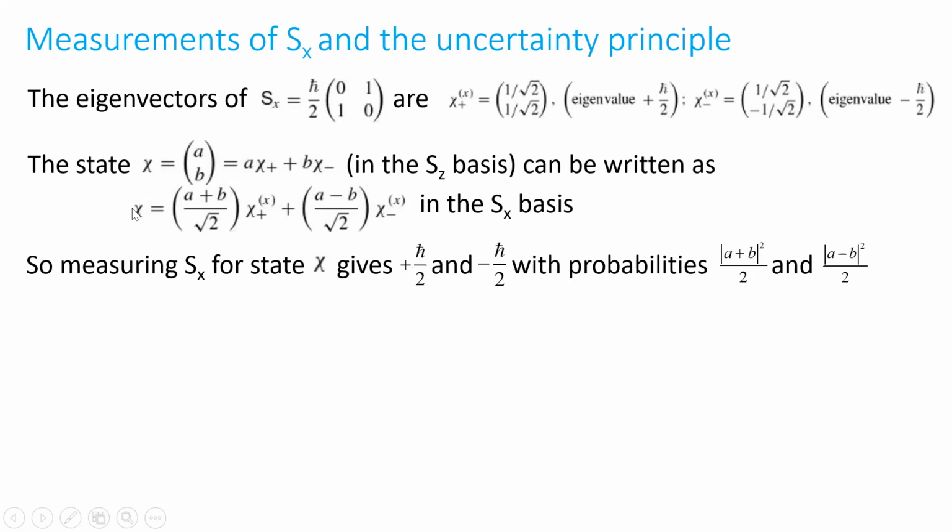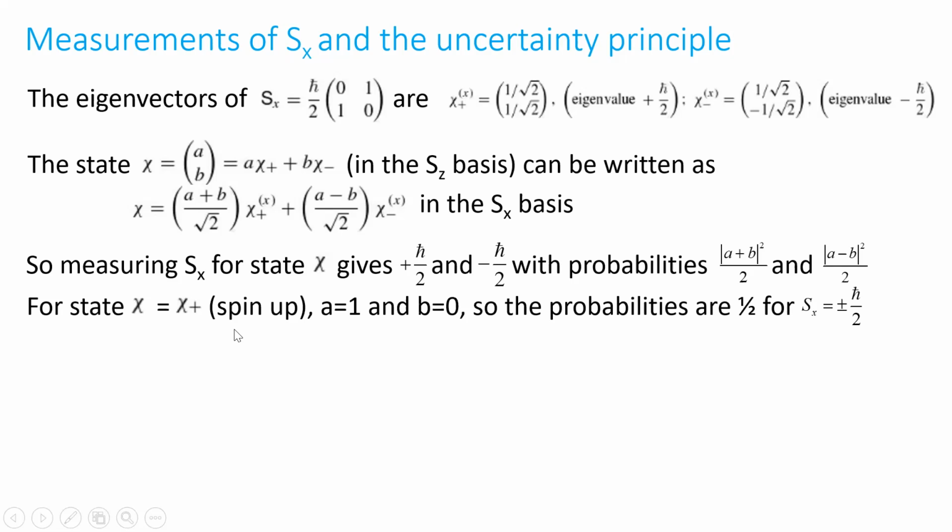For this state, the probabilities would be the modulus squared of what we have in front of the Sx eigenstates, chi plus x and chi minus x. Taking the first one, for plus h bar over 2, which is associated with this eigenstate, we have a plus b quantity modulus squared over 2. So we have this probability. Then for this one we have a minus b modulus squared over 2. So these are the two probabilities we have.